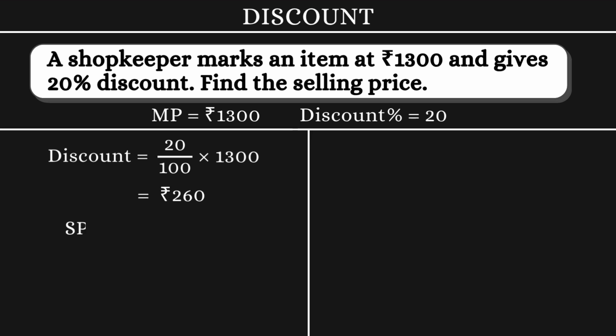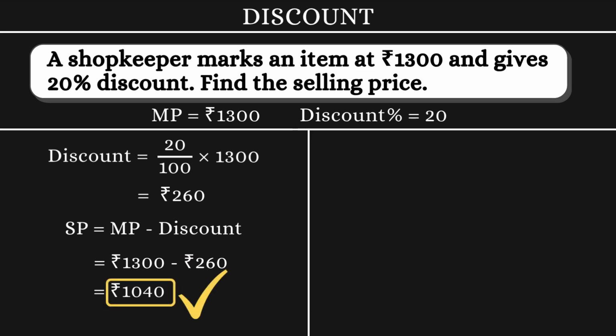Now, the selling price will be the marked price minus this discount. So, 1300 minus 260 will give us 1040 rupees. Let's see an alternate method. The discount percentage is 20% of the marked price.